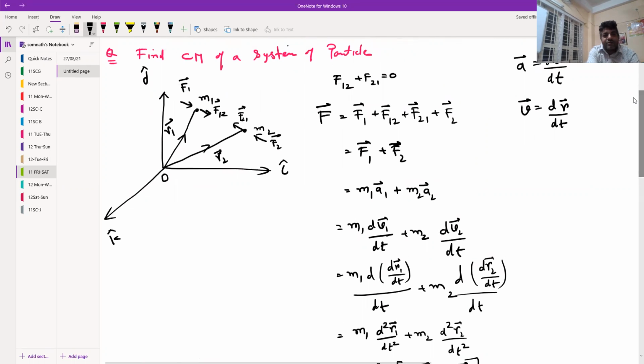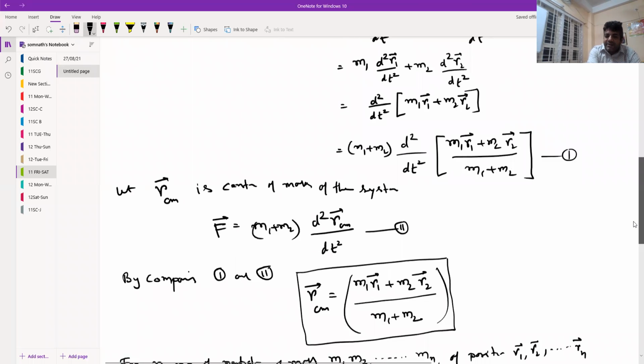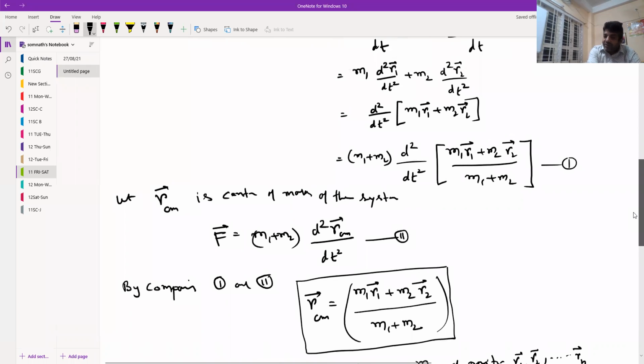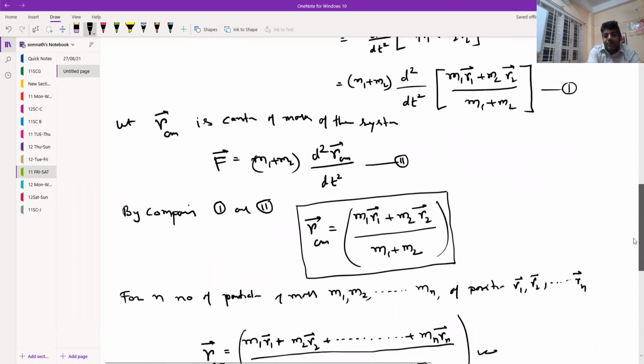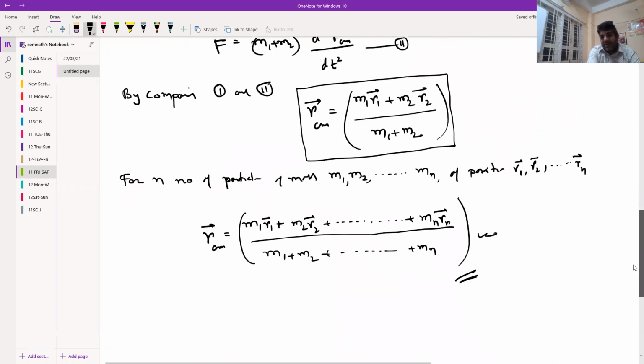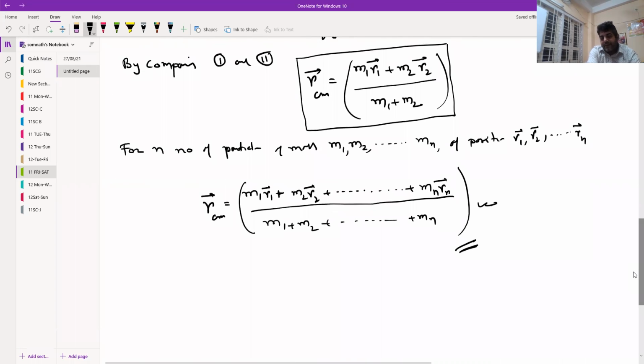They can ask it in a more elaborate form: two particles of mass m1 and m2 placed at positions R1 and R2, find the center of mass of the two particle system, or they simply say find the center of mass of the particles. If they say two particle system, you write up to this. If they say find the center of mass, you have to add one more line, that much. Clear? Is it okay? Yes, sir.